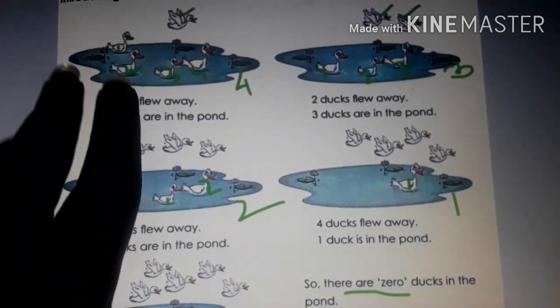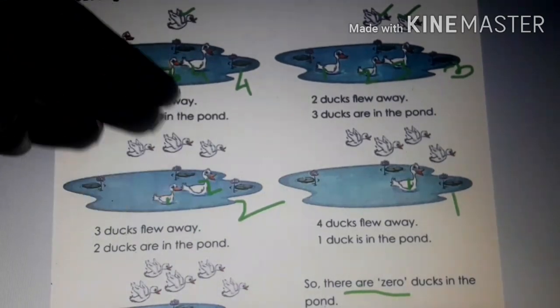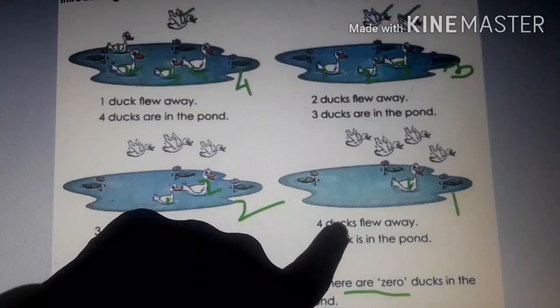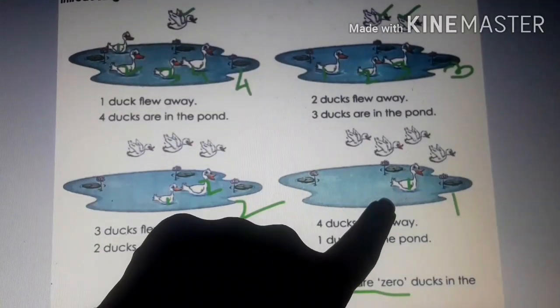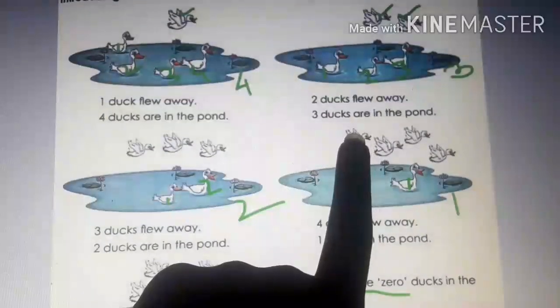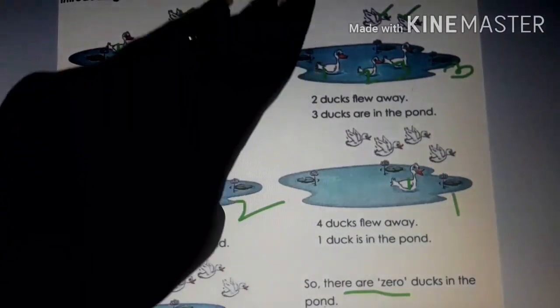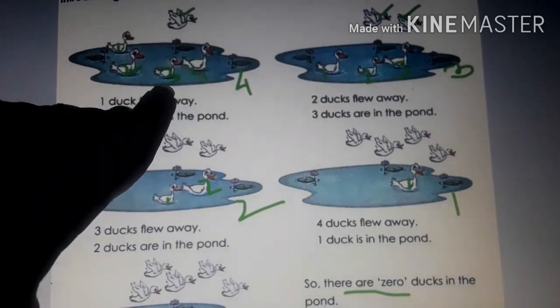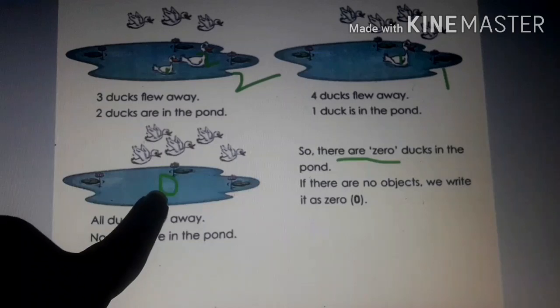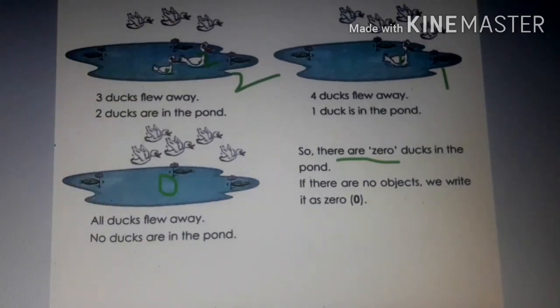Why, children? Again, 3 ducks flew away. In our next picture, how many ducks remain here? Only 1 duck. Why? Because 4 ducks flew away. Isn't it? Next. In the last one, children, all the ducks flew away.